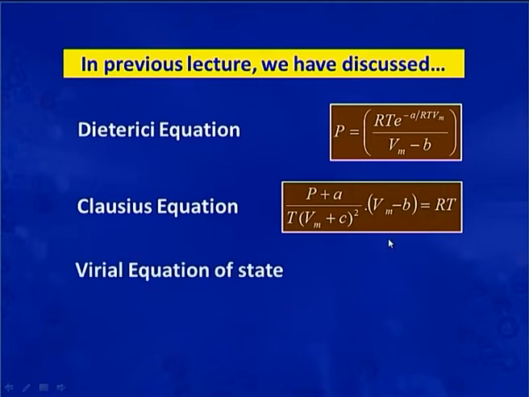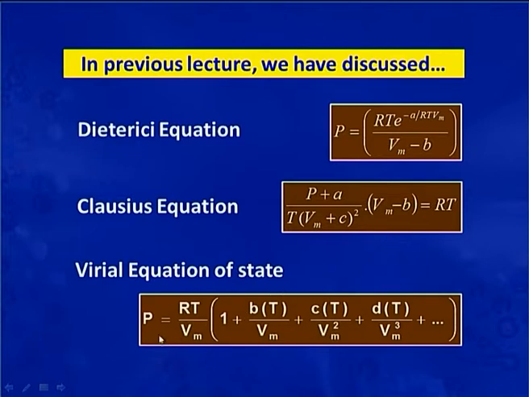And then we discussed virial equation of state, that is P is equal to RT by Vm into 1 plus B(T) by Vm plus C(T) by Vm square plus D(T) by Vm cube plus so on.